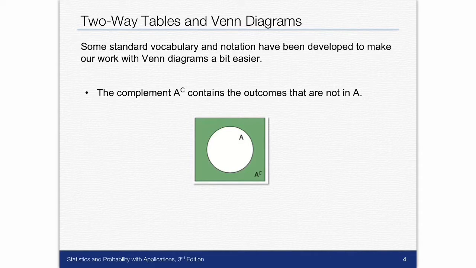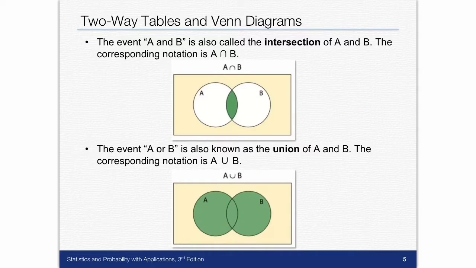Some standard vocabulary and notation have been developed to make our work with Venn diagrams a bit easier. So the complement of A, A^C, contains the outcomes that are not in A. So if A is the white circle, the green is the complement of A, everything that's not A. The event A and B is called the intersection of A and B. The corresponding notation is this upside down horseshoe, and we read it as A intersection B, and it's the overlap of the two circles.